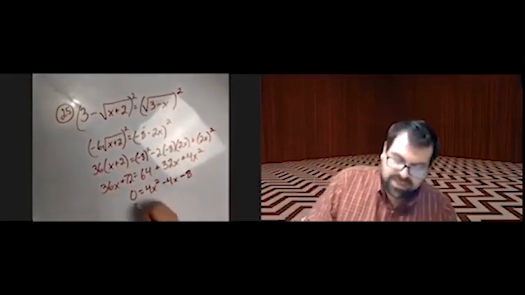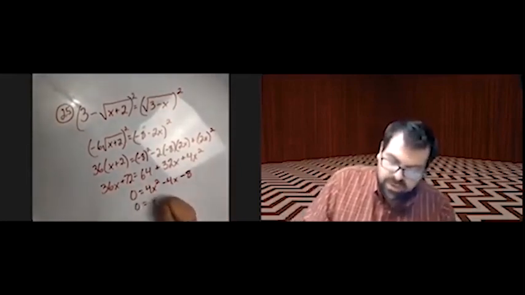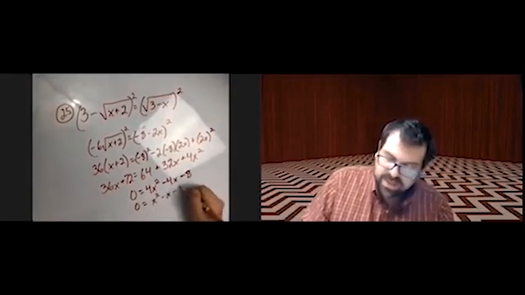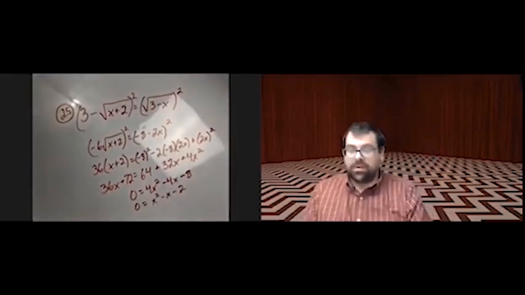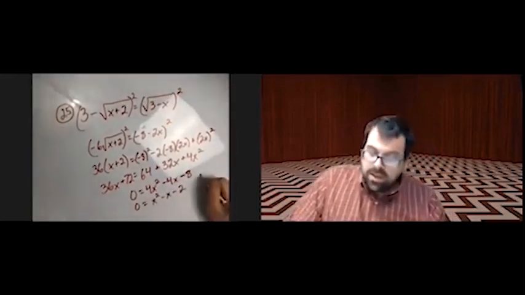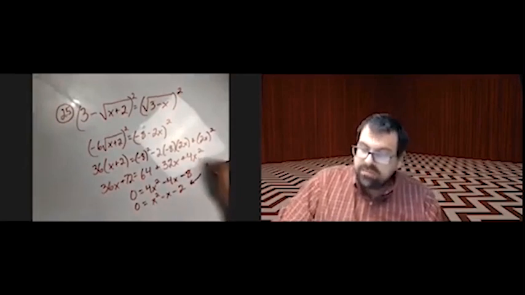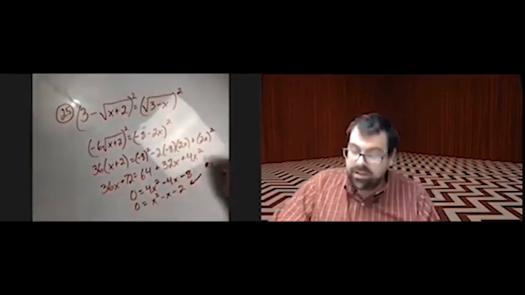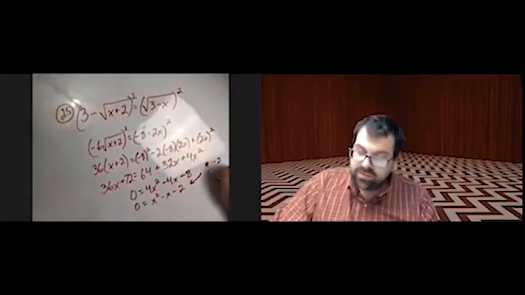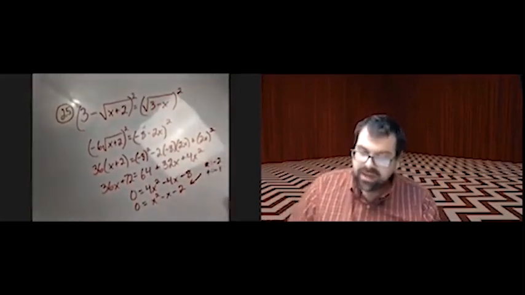I can divide both sides by 4. x squared minus x minus 2. I need two numbers that multiply to give me negative 2, that add to give me negative 1.